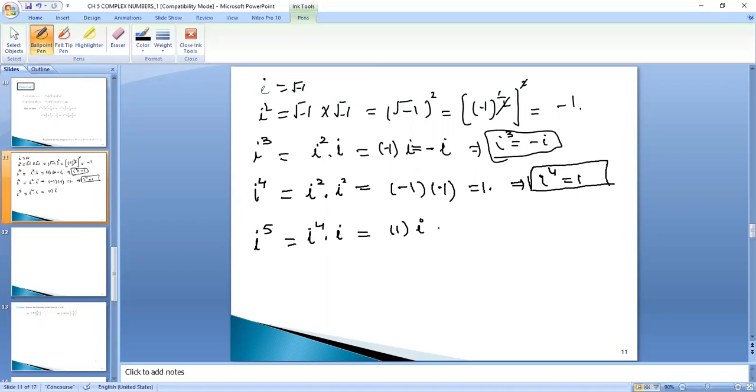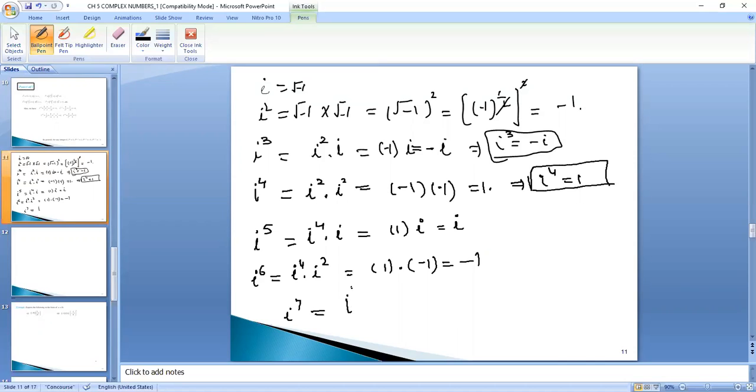So I can write it as 1 into iota, iota. Iota power 6, I can write iota power 4 into iota power 2, because bases are same, powers are added, it will be 4 plus 2, 6. Iota power 4, 1. Iota square -1. The answer is -1.